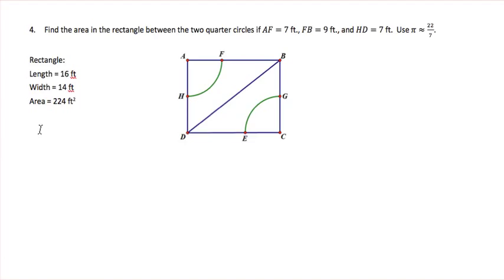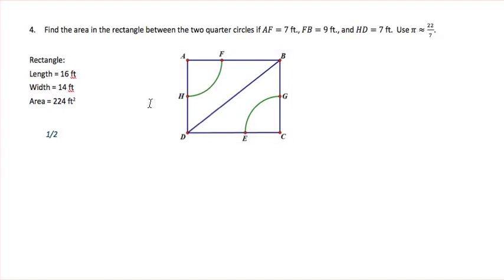We'll label that and move on. Now our next step then is to find the area of the 2 quarter circles. If I put 2 quarter circles together, I get a half circle. So let's just go right ahead and find the area of the semicircle that these two pieces make up.